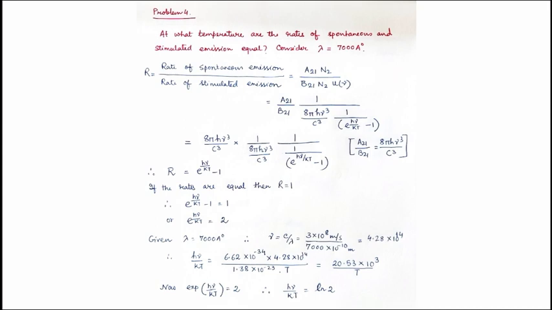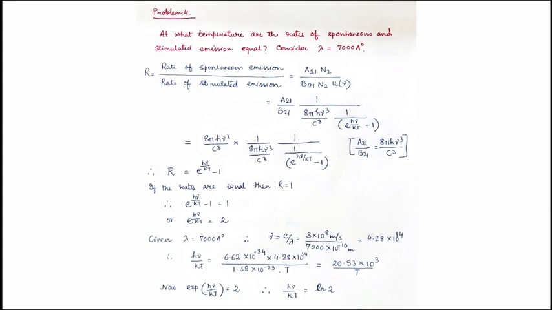The rate of spontaneous emission is equal to A21 into N2, where N2 is the population of the upper energy state, as I have drawn in the picture in the previous problem, and A21 is the Einstein coefficient for spontaneous emission. And for stimulated emission, this is B21 into N2 into U nu.